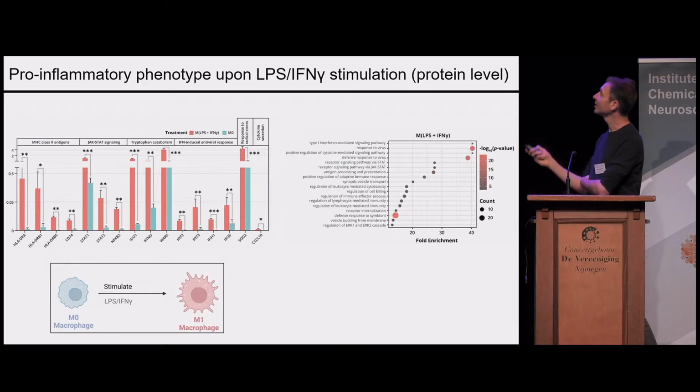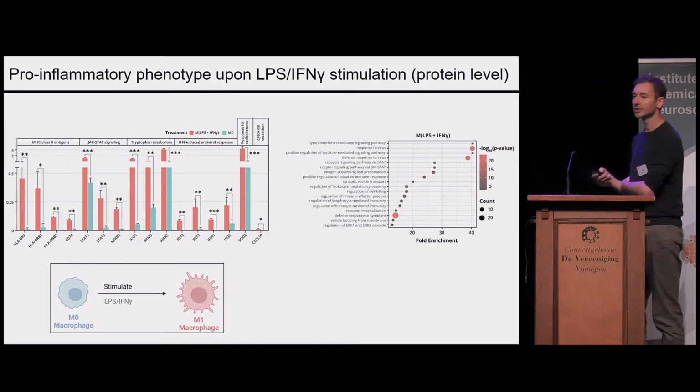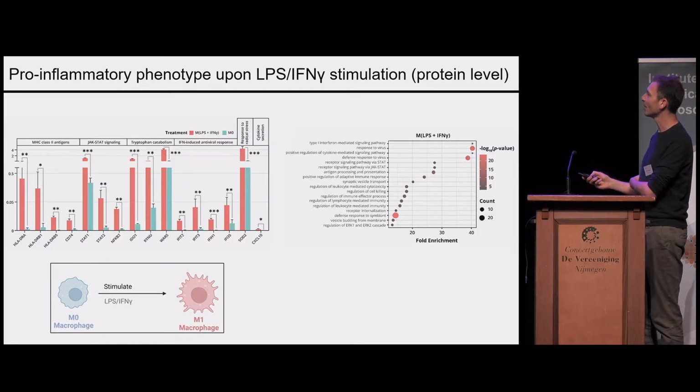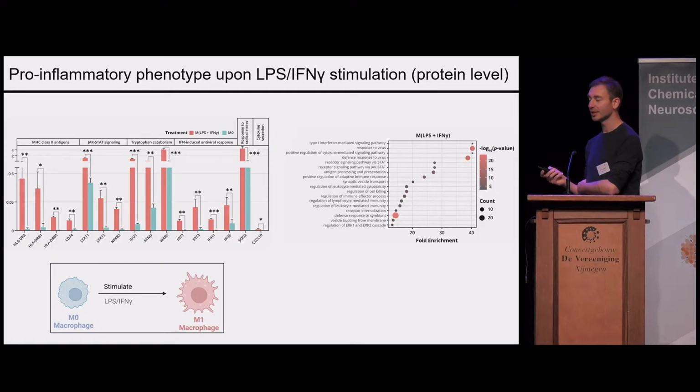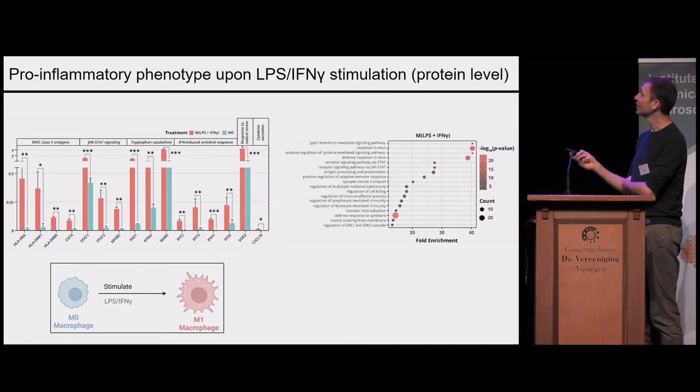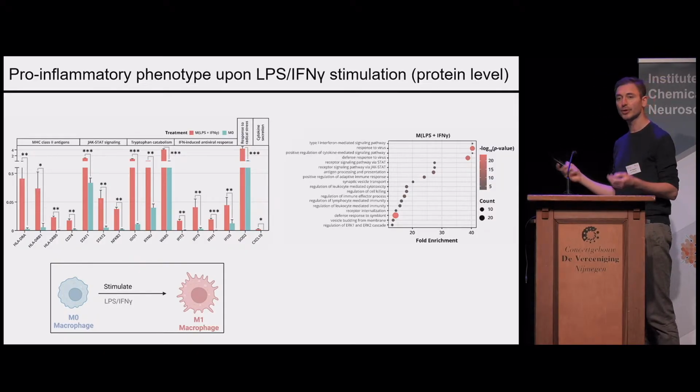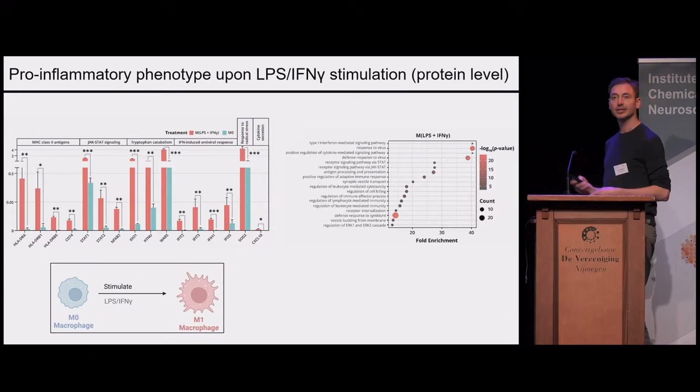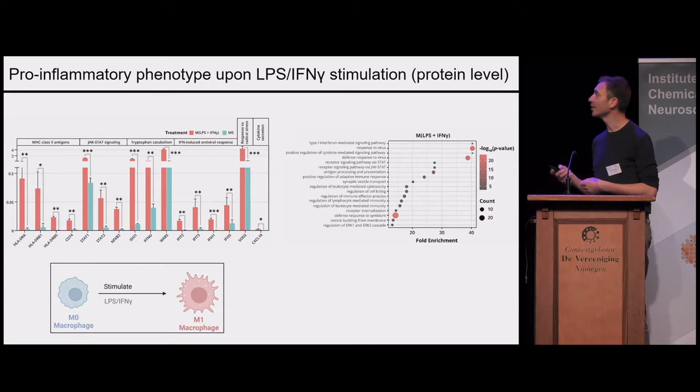We did it in THP-1 macrophages, which is a monocyte cell line, and we can differentiate them towards M0 and M1 macrophages. We can go from M0 to M1 with LPS and interferon gamma. When we did this, we first wanted to check on the protein level whether, with this induction, we actually see an inflammatory phenotype.